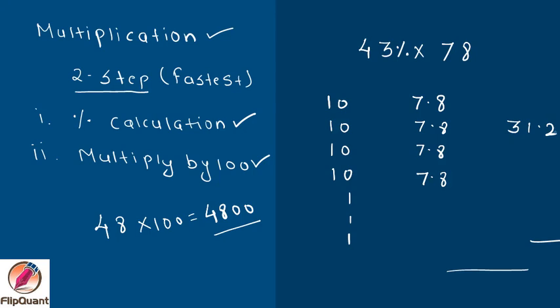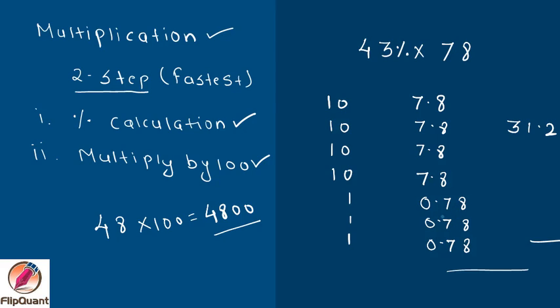Whenever you are going through this sum, you should keep your answer in your mind; it should not slip out. Then 1% would be 0.78, three times. When you write 0.78, 0.78, 0.78, you should understand that you are adding 0.78 three times.